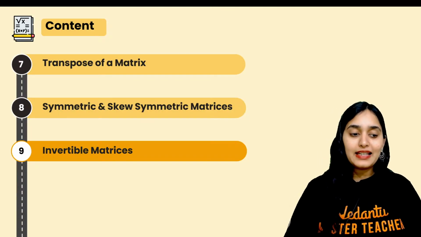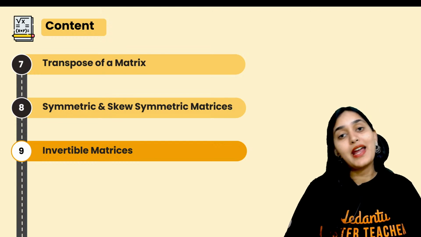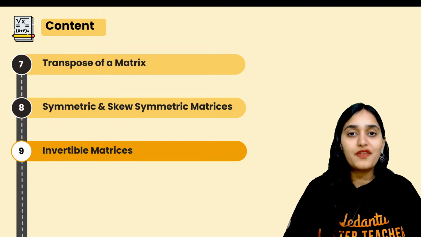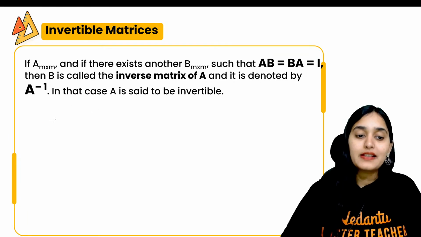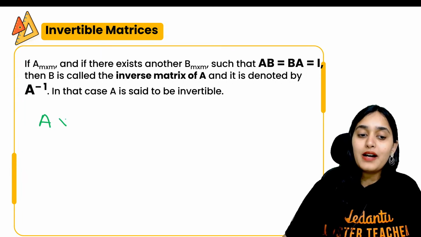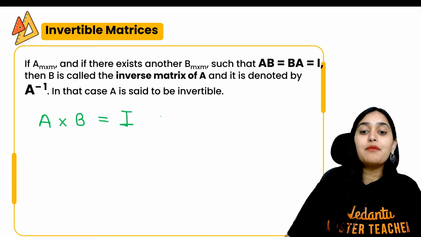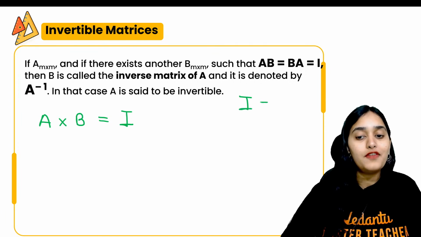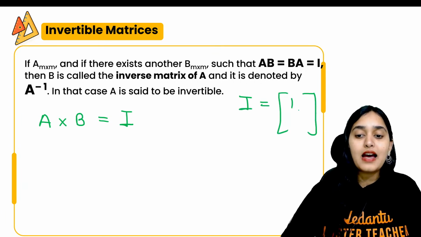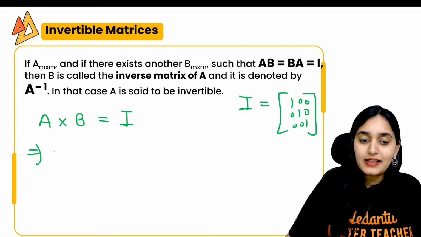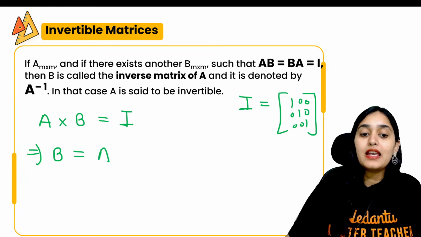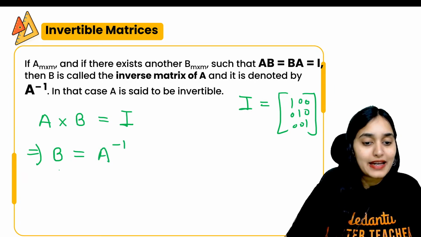Alright. Lastly, we have invertible matrices and how to find the inverse of a matrix. First of all, what do we understand by inverse? If a matrix is multiplied with another matrix and the result is the identity matrix. What is the identity matrix? All of you remember, where the diagonal elements are 1 and the remaining elements are 0. So A cross B is equal to I. This implies that B matrix is the inverse of A matrix.